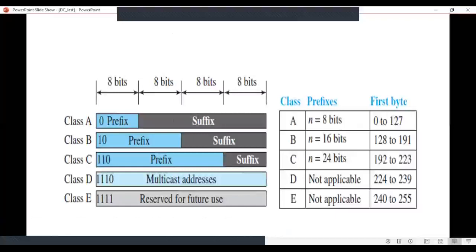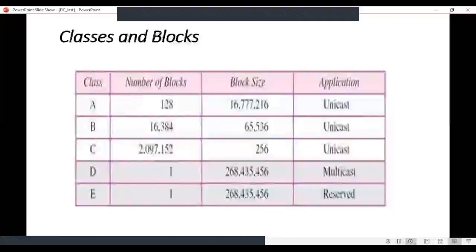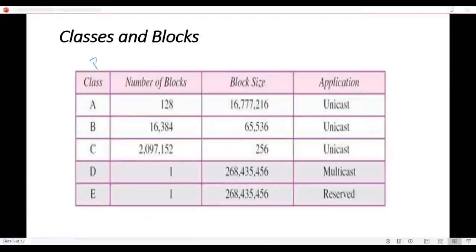So here, for class A, the prefix is 8 bits, and the suffix is how much? 24 bits. So how many addresses can you have? The number of blocks is 2 raised to 7, that is 128 blocks. And the block size here is 2 raised to 24.